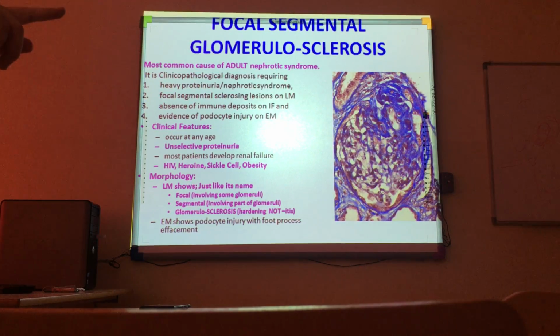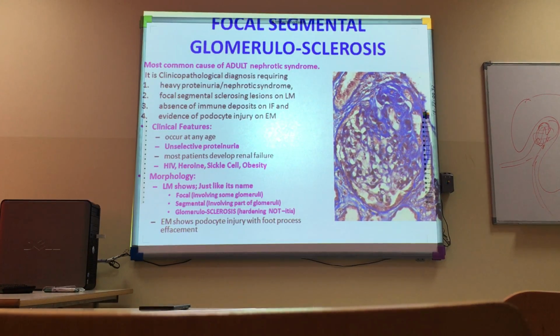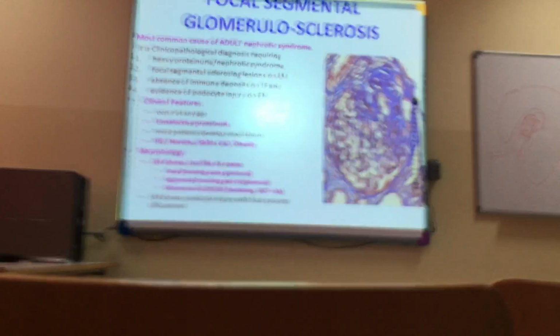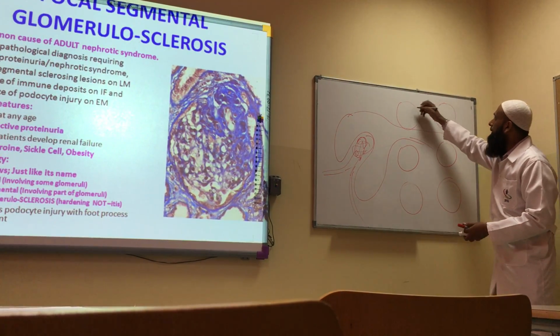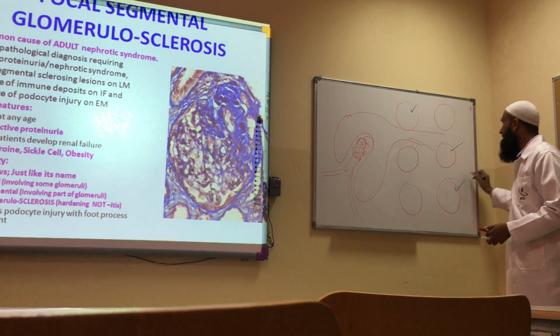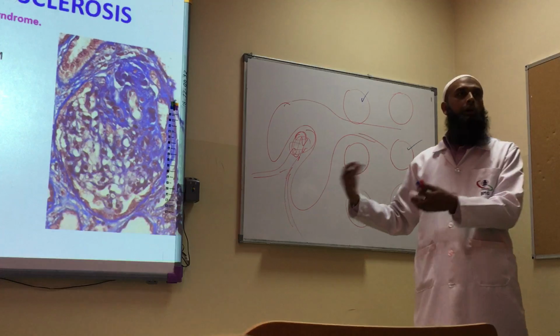Out of these glomeruli, not all of them are involved. If all of them are involved, this is called global. But this is focal. It means in a focus, one area, these are involved and the rest are normal. So this is called focal.